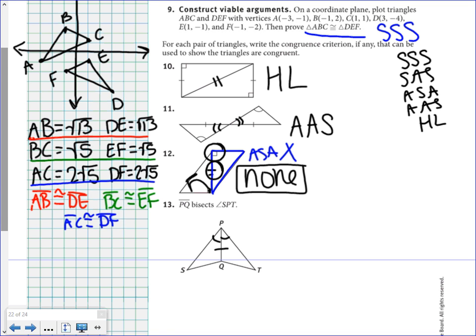But again, looking only at one triangle, we have an angle and a side. And that's not enough information to prove that they are congruent. So it is, again, none. So hopefully that helps you with looking more specifically at the angle, angle, side, and hypotenuse leg congruences.